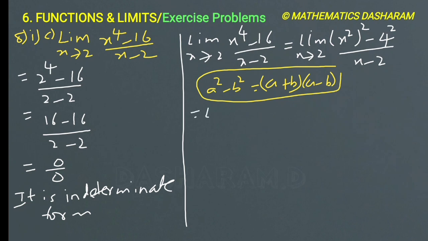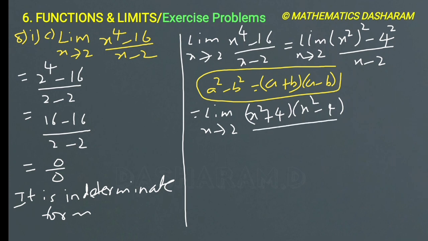So then it is equal to limit x tends to 2. Here (x square plus 4) into (x square minus 4), that is (a plus b) into (a minus b), divided by x minus 2. Limit x tends to 2. Here x square plus 4.